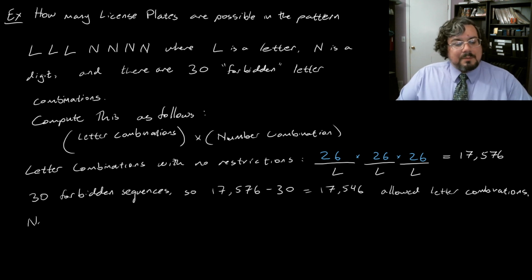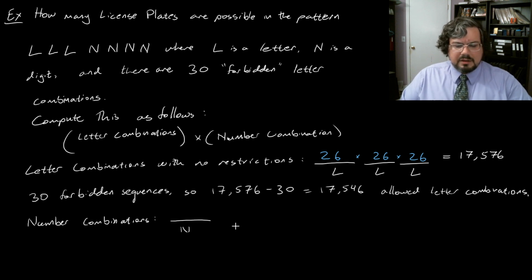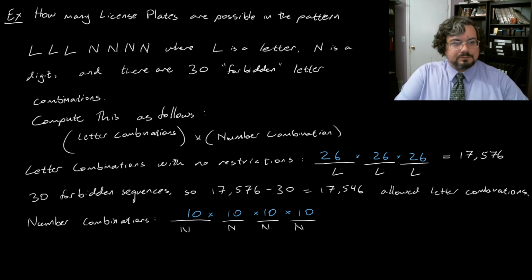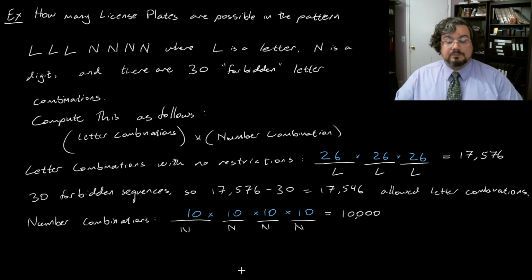Now, for the number combinations, this is easier because there aren't any forbidden number combinations. So we've got numbers, and there are 10 possibilities for each of these numbers in the license plate. So all together, that's 10 times 10 times 10 times 10, it's 10,000.